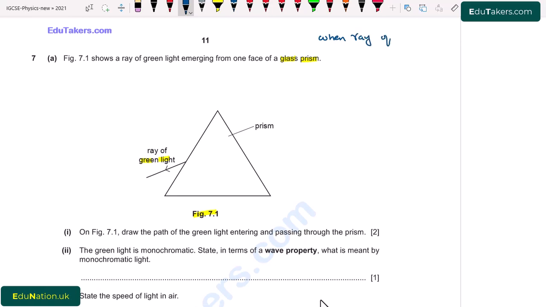I write here: when a ray of light goes from denser to rare medium, it bends away from normal.